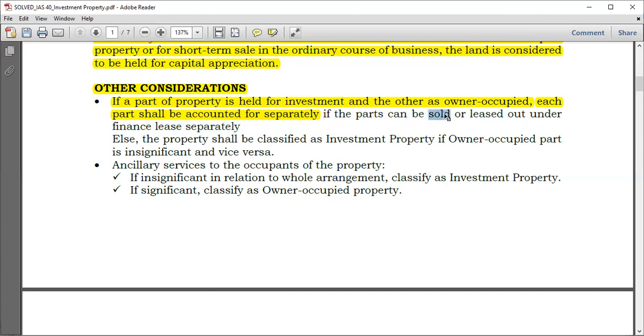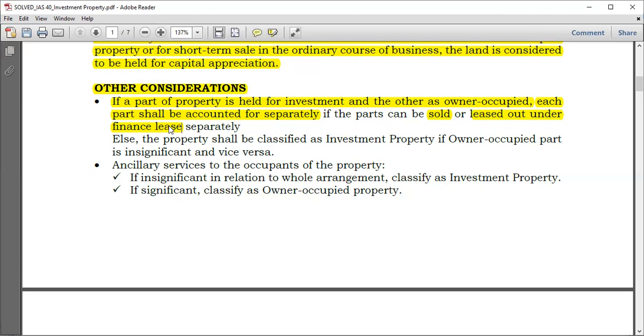If you sell something, that means you have lost control over it, right? That's why the other option to being sold is to lease it out under finance lease. Because as I told you, if you lease something out under finance lease, it's kind of like you have lost control over it, right? So that's why you're just saying if it can be sold or leased out on the finance lease separately. So just check.